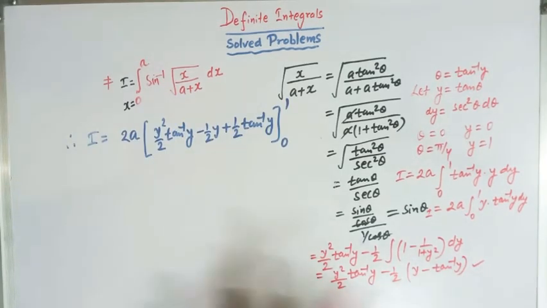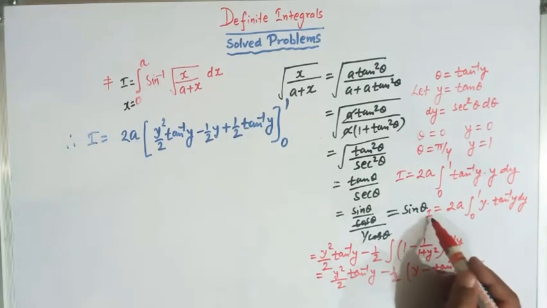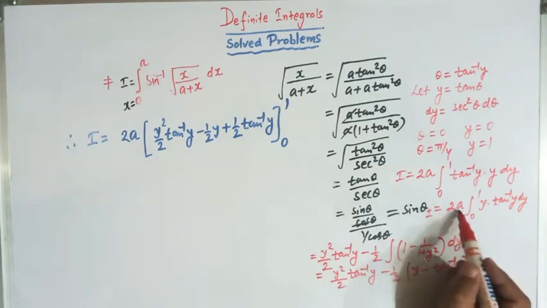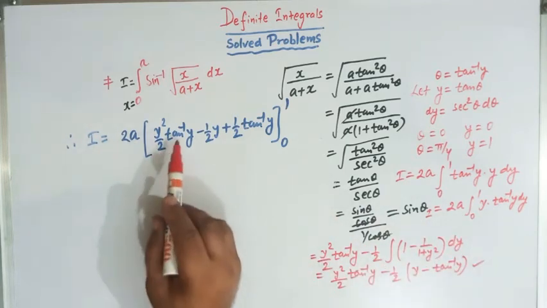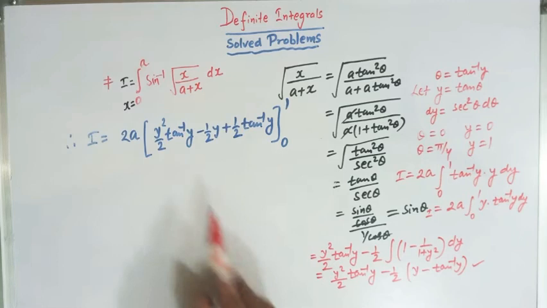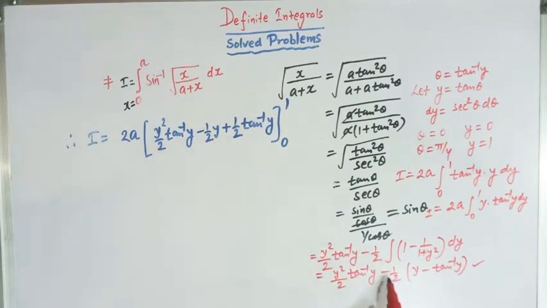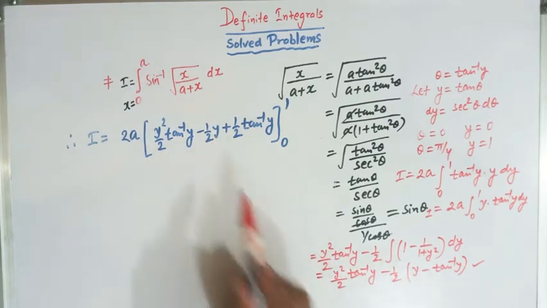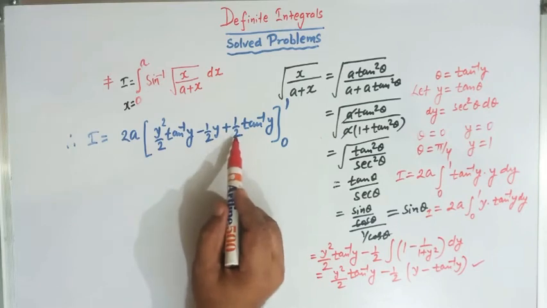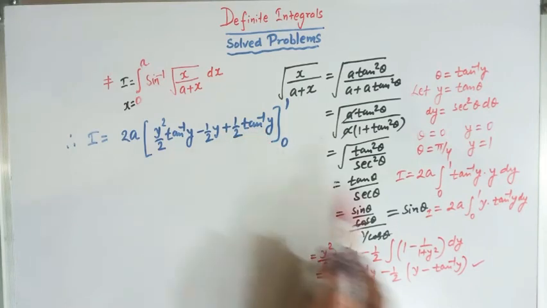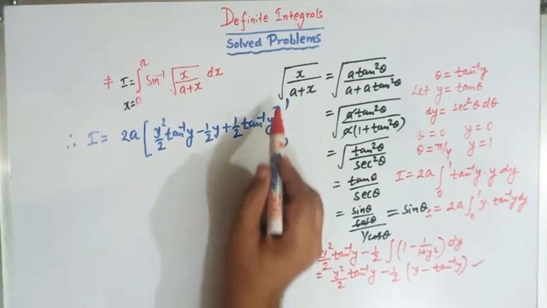Now viewers, this integral I now becomes 2a times [y²/2 tan⁻¹y − ½y + ½ tan⁻¹y], and the limits are from 0 to 1.